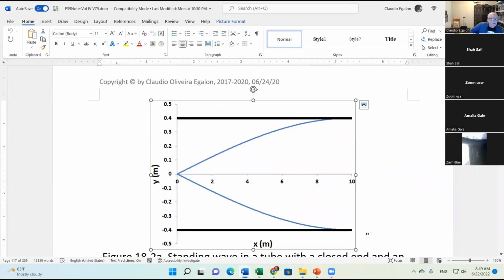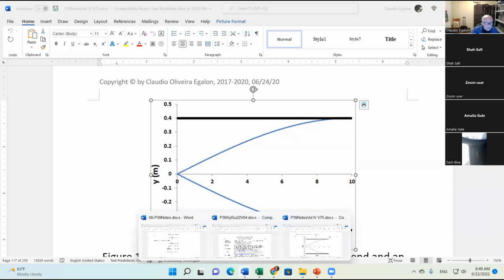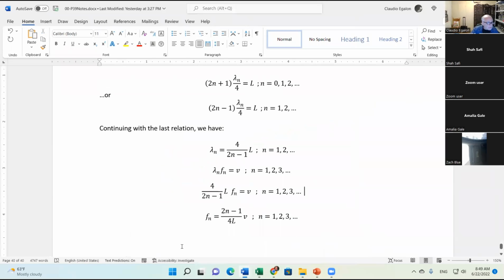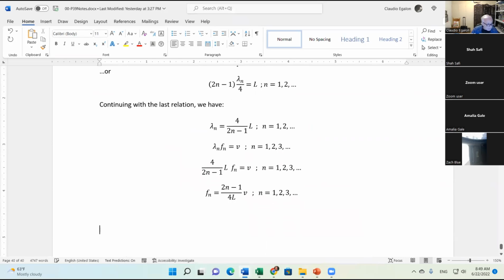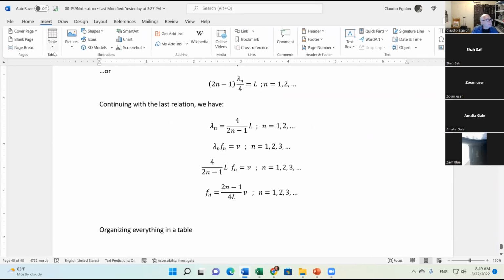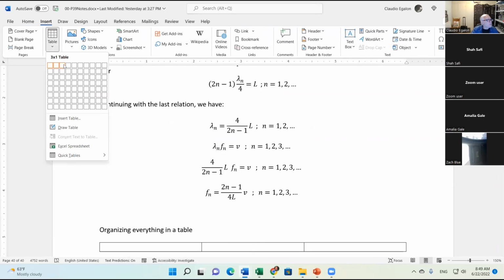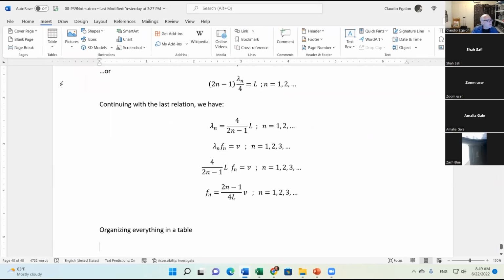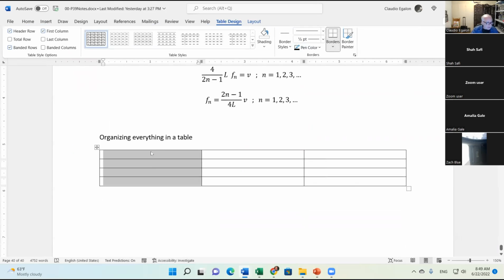Let's organize them in a table. I'm going to put that in a table for you. Organizing everything in a table. I'll put here 1, 2, 3, and 1, 2, 3, right? And 1, 2, and 3.